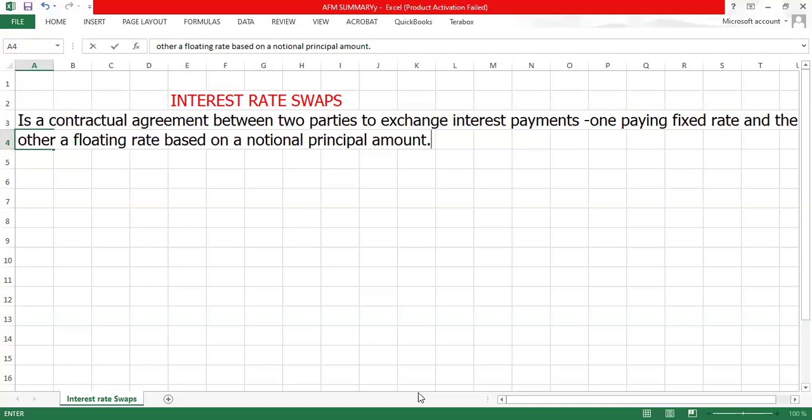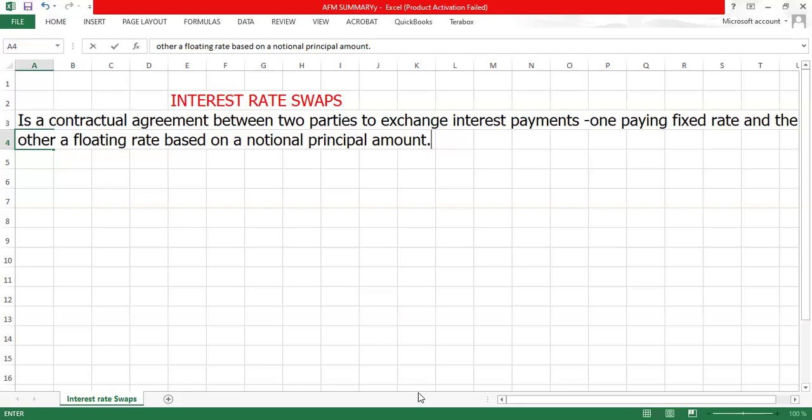Depending on what we want to mitigate, the other party may say, okay, let's enter into an arrangement where we exchange the interest you're paying. I pay yours, and you pay mine.